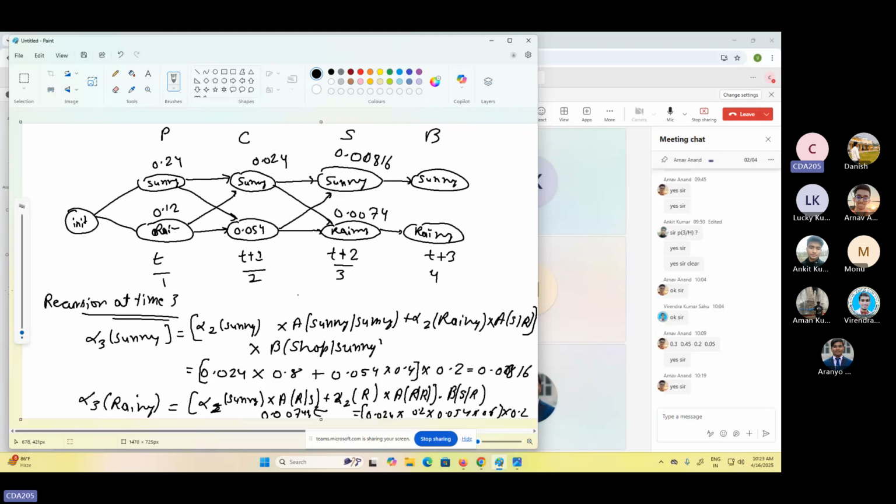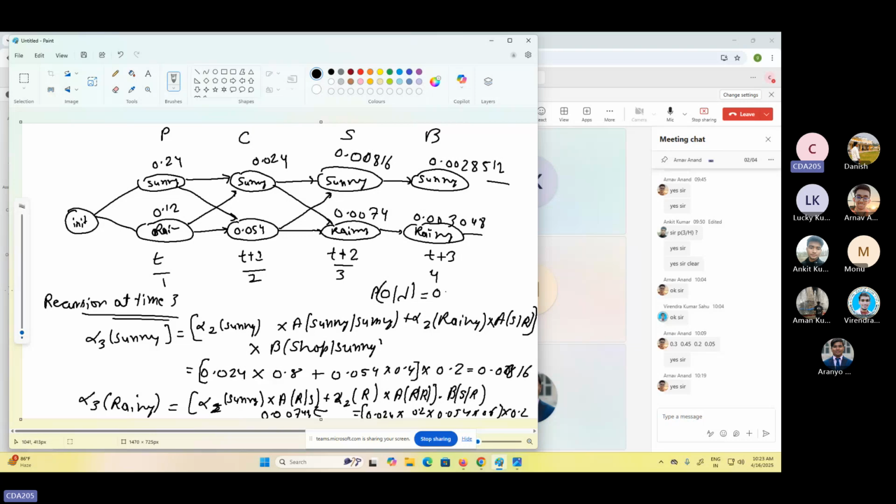Okay, so similarly you can find at the 4. So we get the value 0.0028512 and it is getting 0.003048. So P of observed state for any model will be summation of this one and this one.